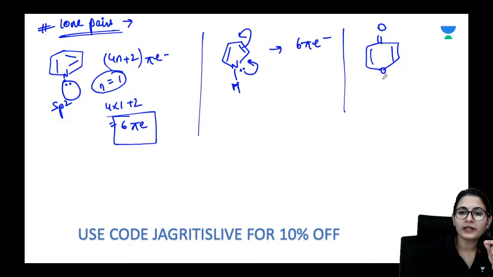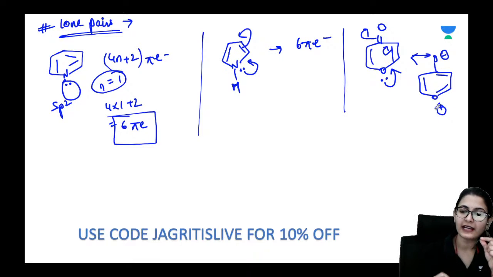Yes, it is aromatic because we are using the lone pair into the electron calculation. The resonance structure is going to be like this. This becomes O minus. The molecule, if I ask you, has a very high dipole moment because of the charge distribution like this, but it is going to be aromatic.